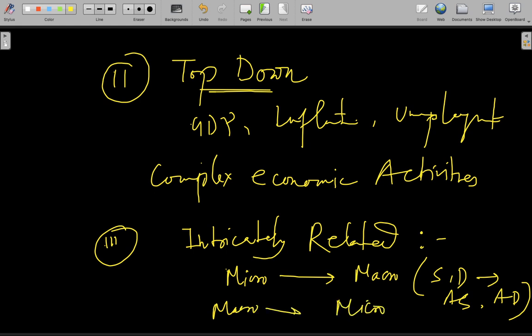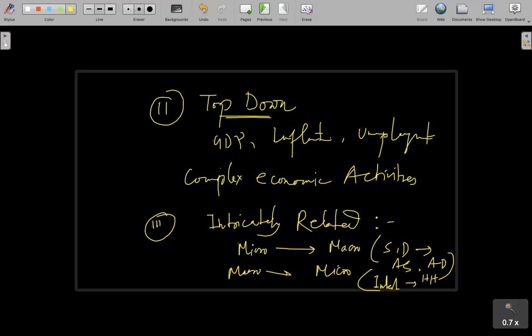The example we gave was that the interest rate is deciding household consumption, right? Household consumption.